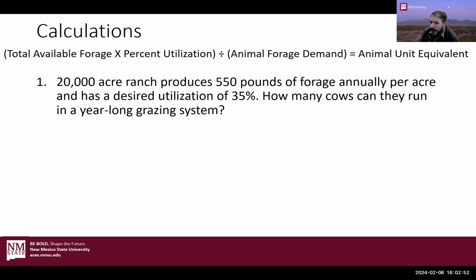We need the animal forage demand for a cow. You remember that table, which gives you an animal unit equivalent, or the number of cows you can run on that landscape. Go ahead and take a minute to calculate those out, and then I'll continue on and show you some answers.